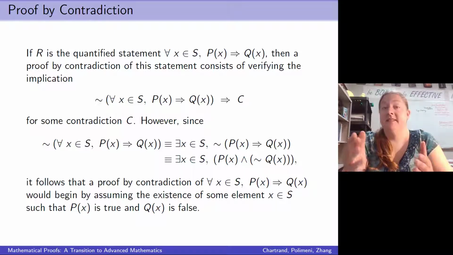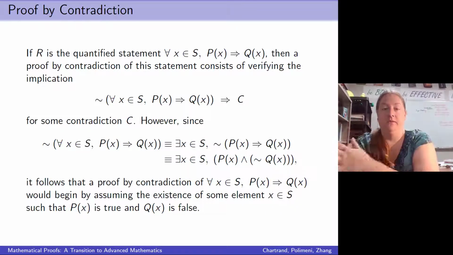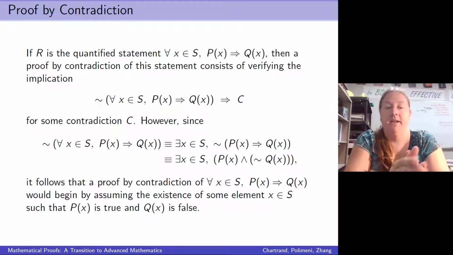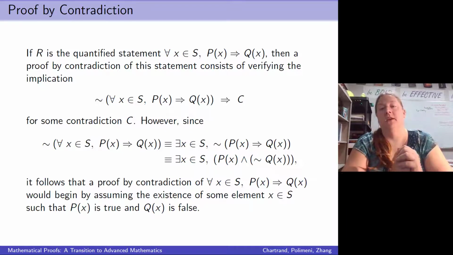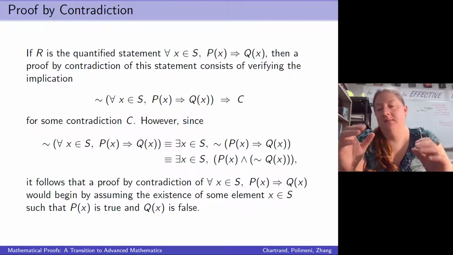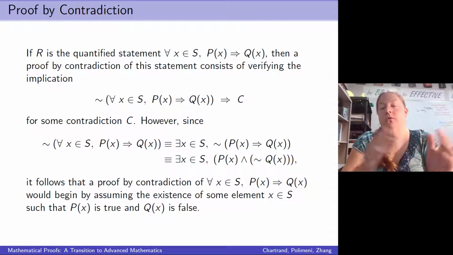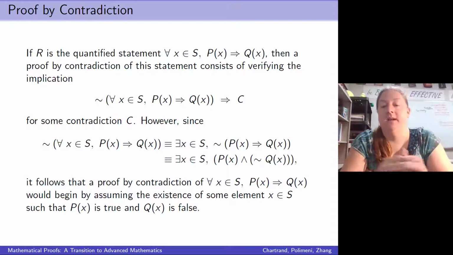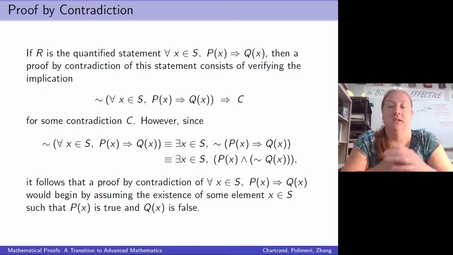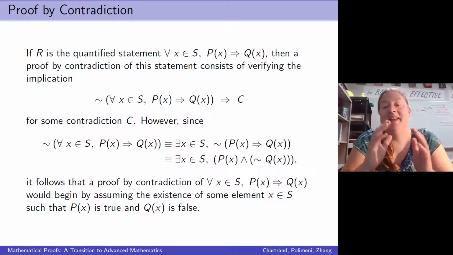So we have there exists some element in our set S. And remember, the negation jumps over to the thing that the quantifier is working with. So we've got not P of x implies Q of x. Now remember, P of x implies Q of x is the same as not P of x or Q of x. So using De Morgan's laws, we can say that not that implication is actually P of x and not Q of x.